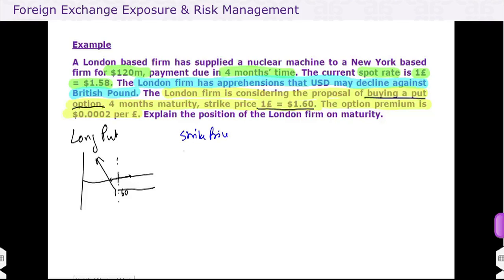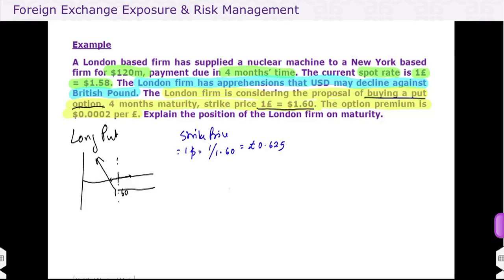The strike price is $1 equal to 1 upon 1.60, converting into pound sterling. It comes to pounds 0.625.